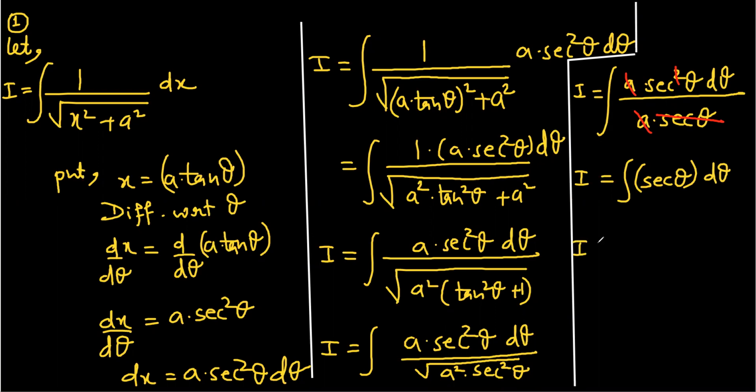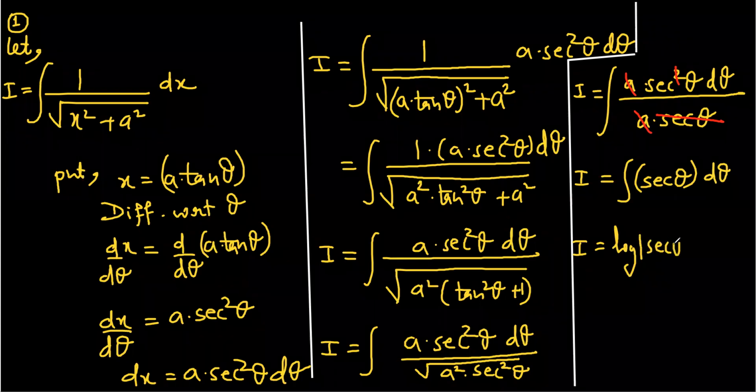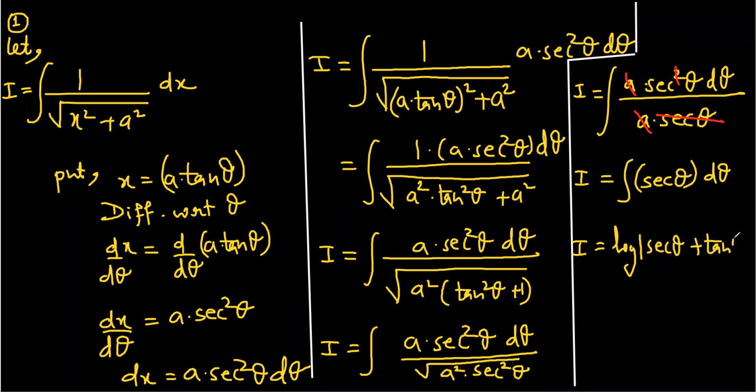So here it is log of mod sec theta plus tan theta plus a constant, and the constant I add here is C1. I know some of you are thinking, why C1? Don't worry. I could have written C, and if you write C it is still okay, but I'm writing C1 for some reason, so just wait for it.